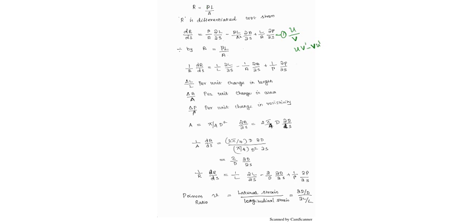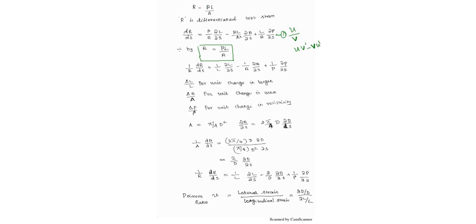The same equation I am going to divide by R equal to rho L by A. When you divide, I get the expression 1 by R dR by dS, which is equal to 1 by L into ∂L by ∂S minus 1 by A into ∂A by ∂S plus 1 by rho into ∂rho by ∂S.